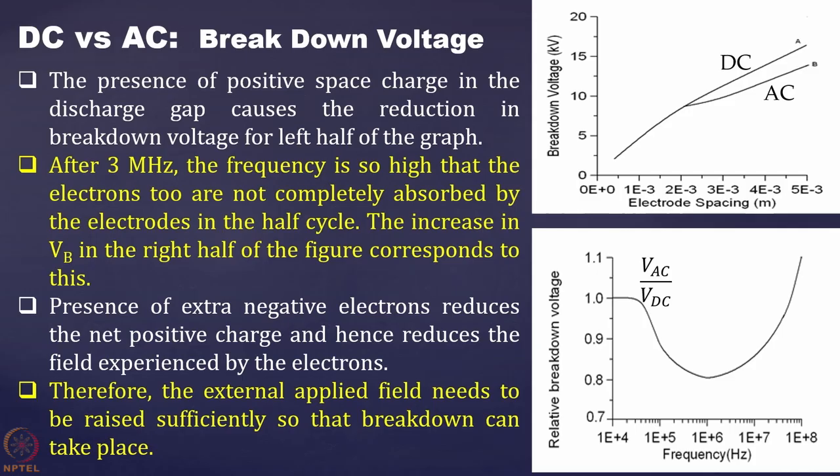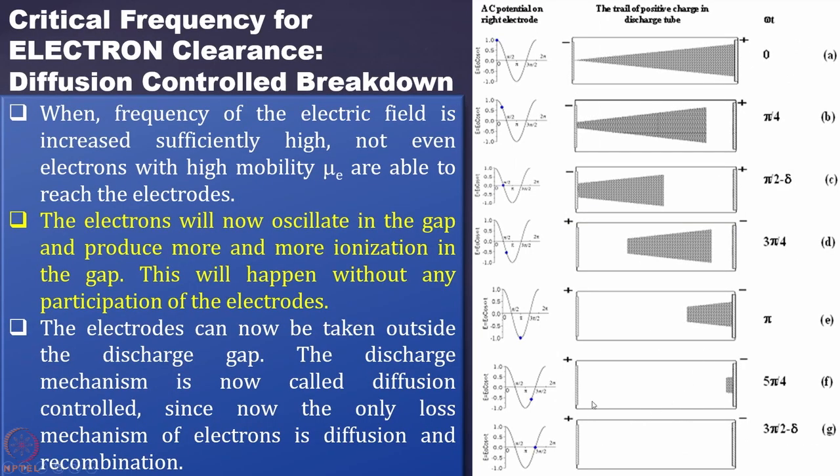This type of discharge has the benefit that you will not have any contribution from electrode contamination, so it will form a pure plasma. So this is basically called diffusion.